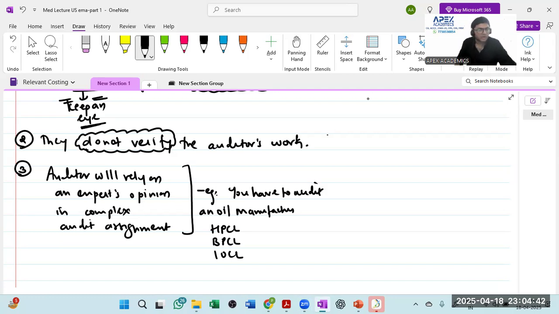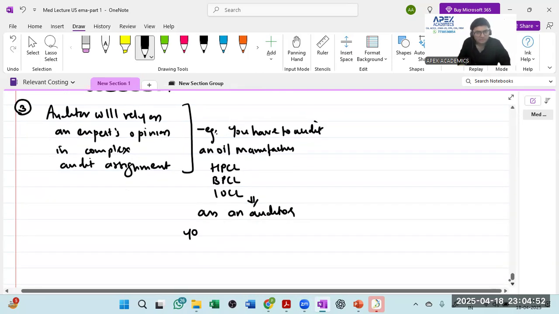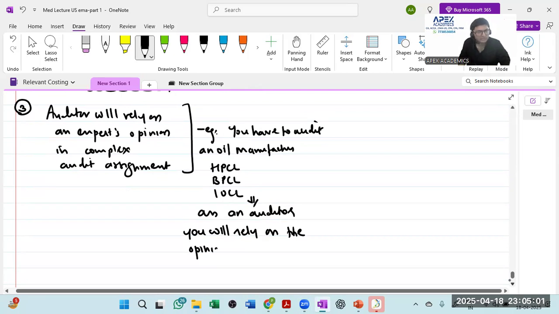Suppose you have to audit an oil manufacturer like this. So what will you do? As an auditor, you will rely on the opinion of an expert.